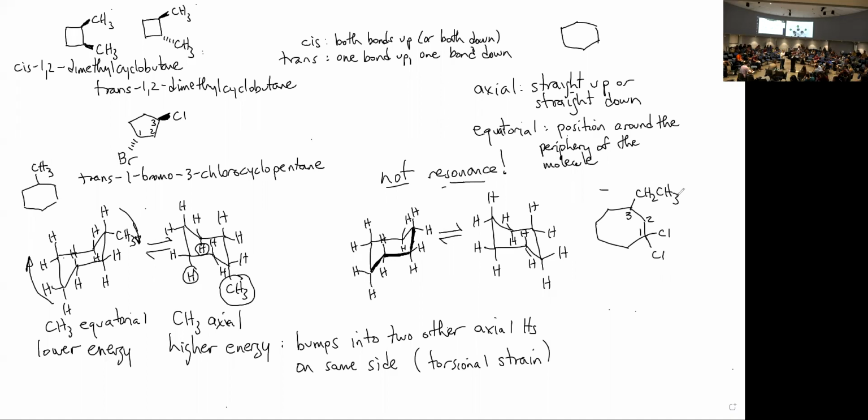And so I might have made that a little too easy, but I think that one should be called 1,1-dichloro-3-ethylcycloheptane. This is actually all one word, cycloheptane. I think that's the best name, because that way we wind up with the smallest possible sum when we add up all of those numbers together.